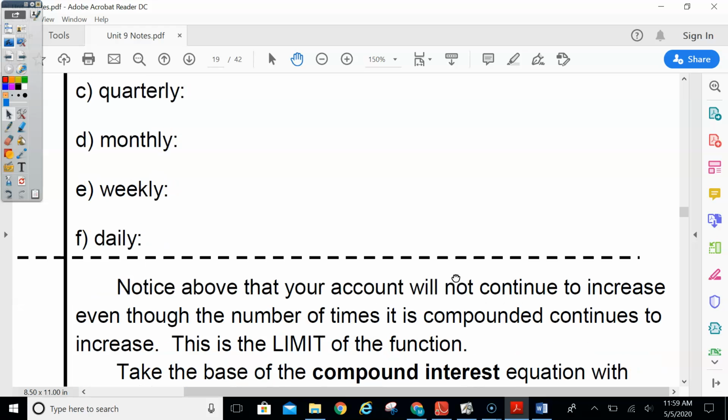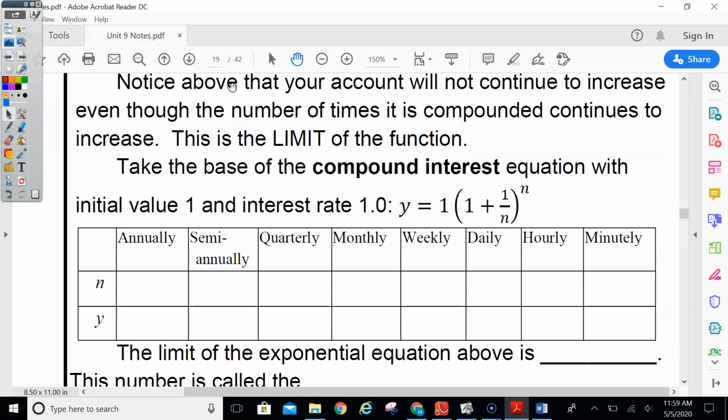It got a little bigger, but not too much. So again, notice from the account that we did, it will not continue to increase even though the number of times it is compounded continues to increase. This is called the limit of the function. So that's like a calculus word, limit.